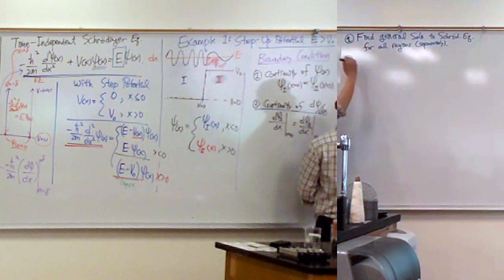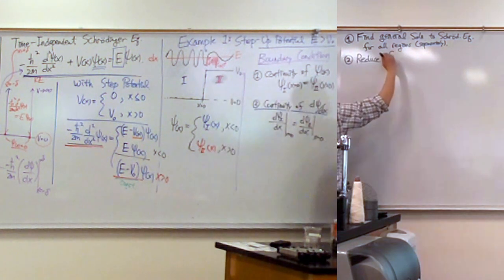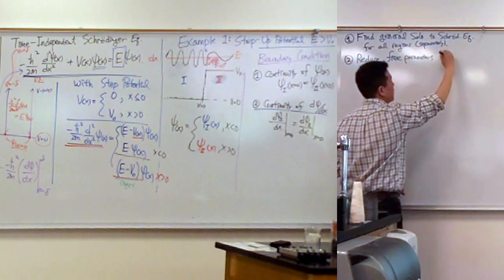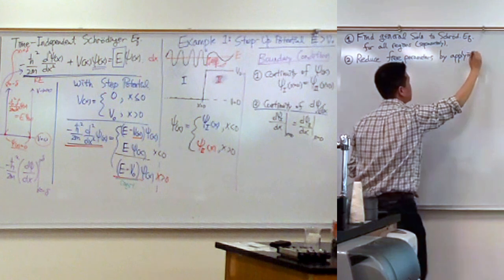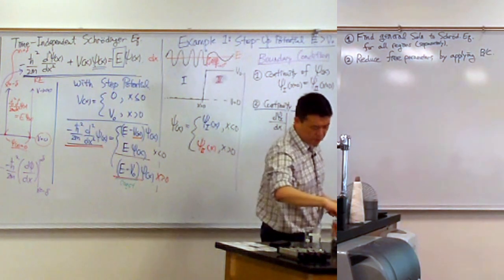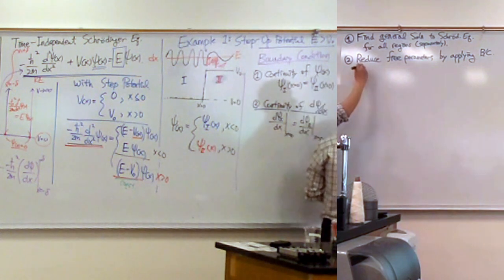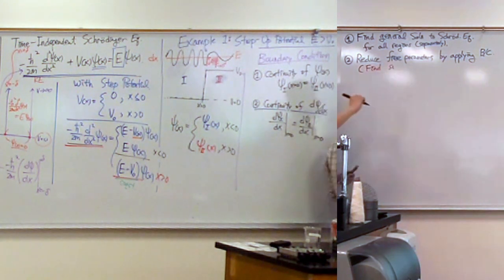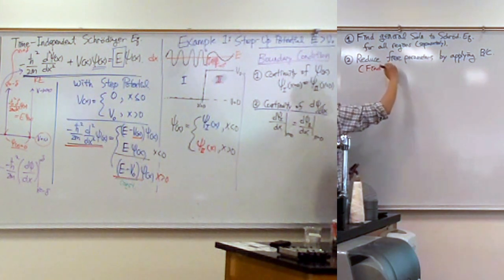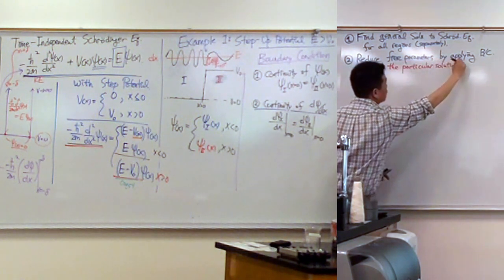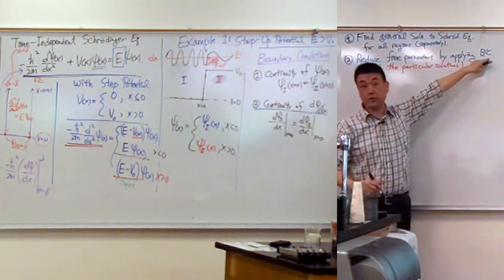So the second step is reduce free parameters in the general solution by applying boundary conditions. Or in your differential equations class, they would call this finding the particular solution for the initial condition, or in our case, the boundary condition.